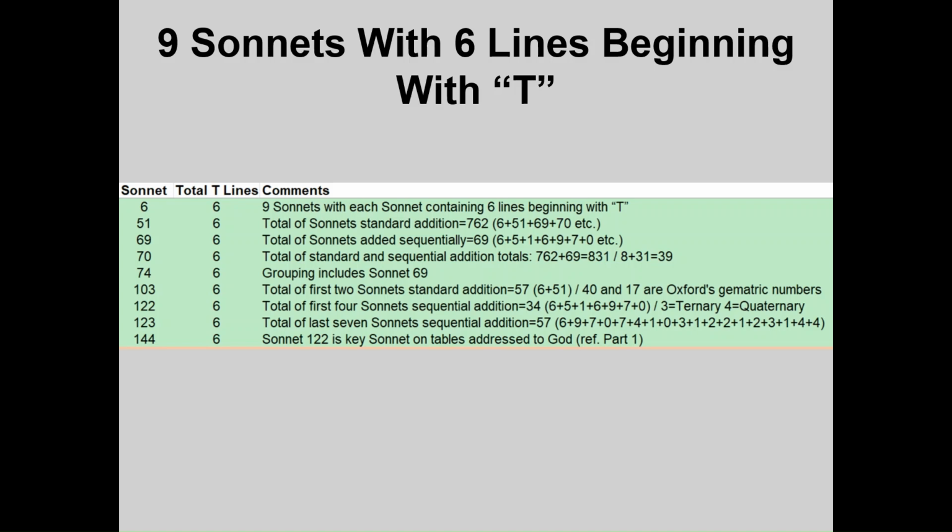Note also that 122 can get us to the initial signature of EO: 1 plus 2 plus 2 equals 5 equals E, and 12 plus 2 equals 14 equals O. There are other numbers that work, but as shown in part 1, the number 122 is a demonstrably key number in the first folio, and Sonnet 122 is critical for understanding the tables Oxford has constructed in the sonnets.